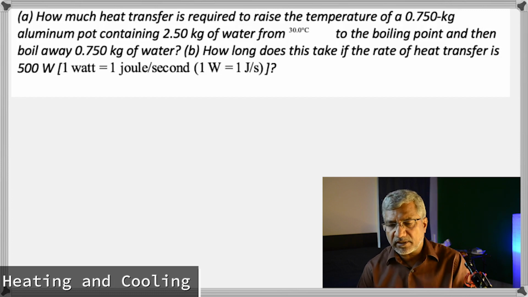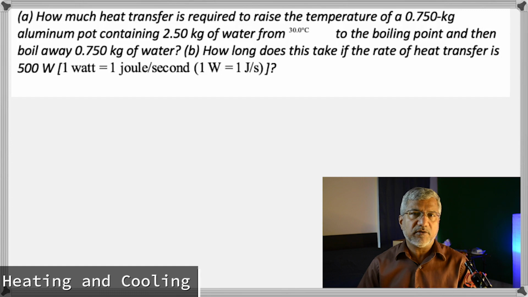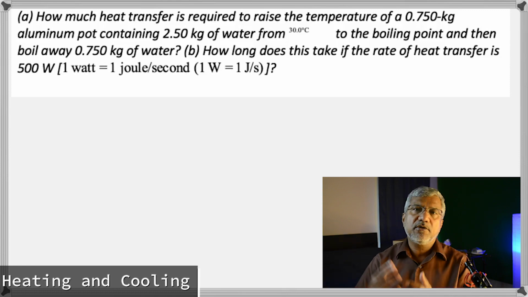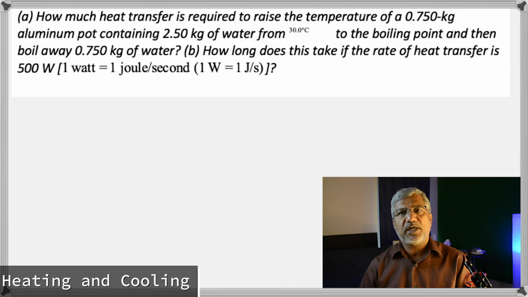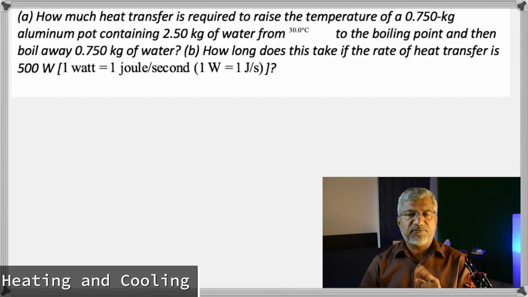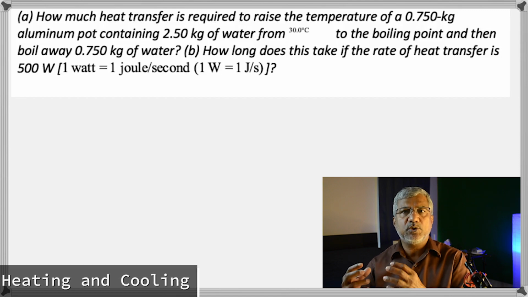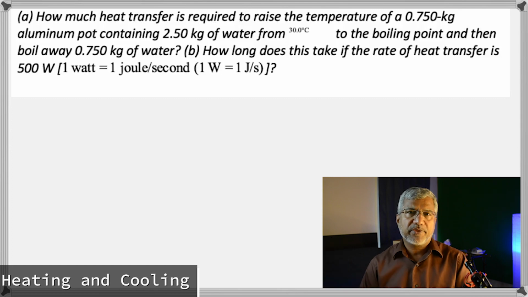Another thing is that there are 2 processes involved. First, from 30 degrees Celsius, the water has to be brought to boil, which is 100 degrees Celsius. So heat is required to change the water from 30 to 100. That's the first process. And the second process is once water gets to boil at 100 degrees Celsius, it becomes steam. So remember, this is a phase change.